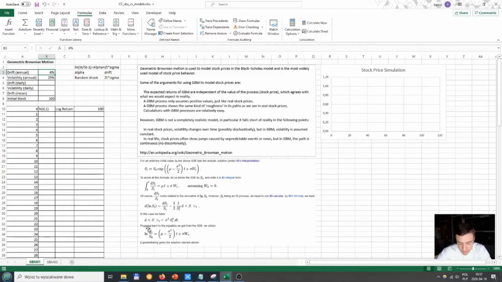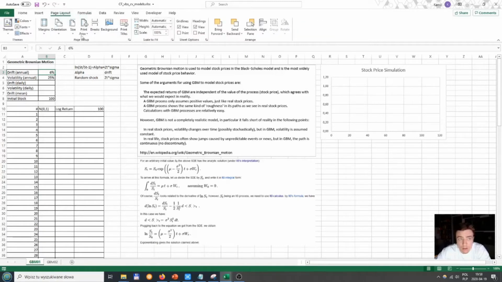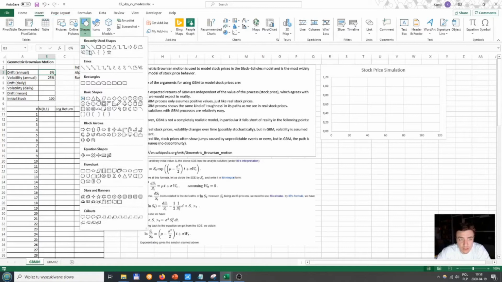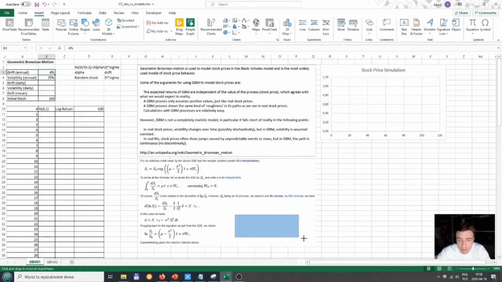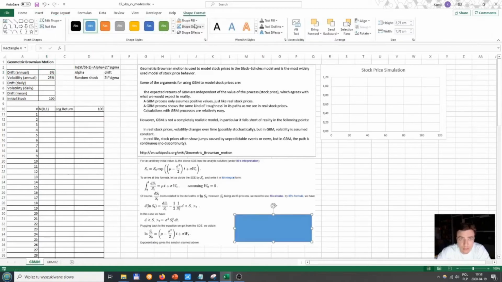So the first thing to remember when you analyze the formula for logarithmic rate of return is that you can decompose this into two parts. The first part would be based only on assumptions.